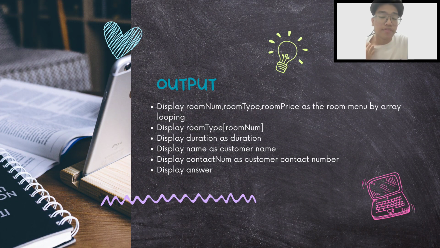For the output, first we display room type and room price as the room menu by the array looping, and then we display room type, which is room num. We display duration as duration, name as customer name, contact num as customer contact number, and then we display the answer.